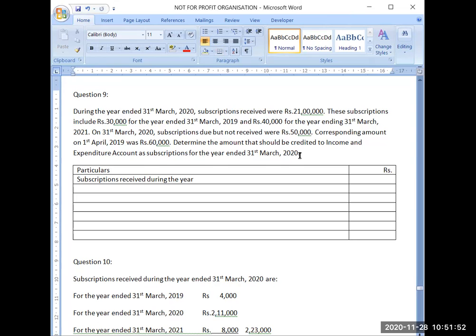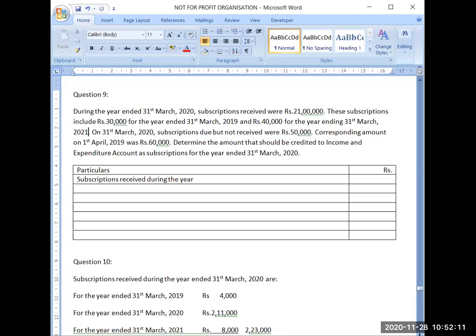So the current year will be 19-20, and the previous year will be 31st March 2019 and the next year will be 31st March 2021 according to that. So after deciding that, you should proceed in the question.